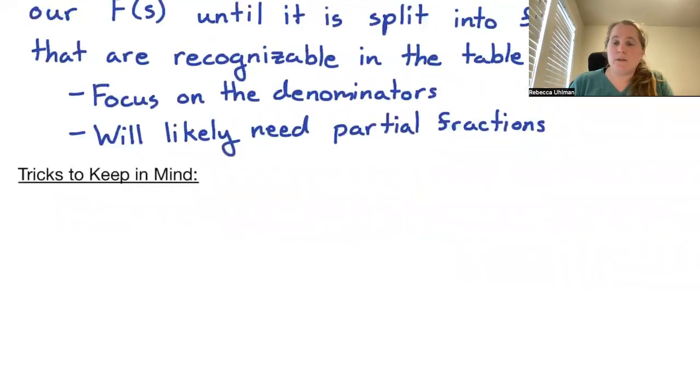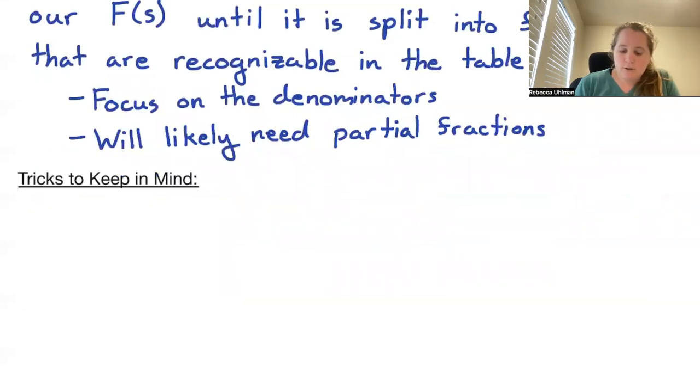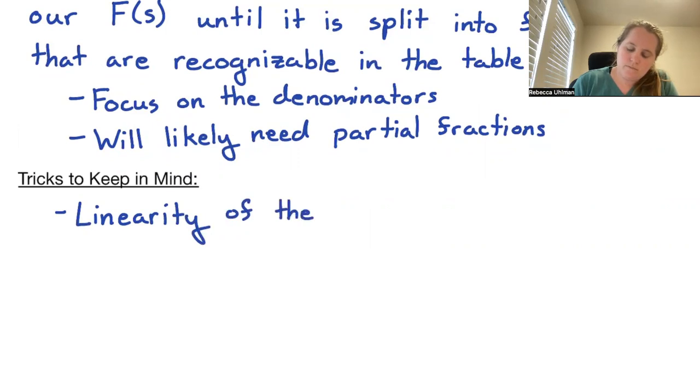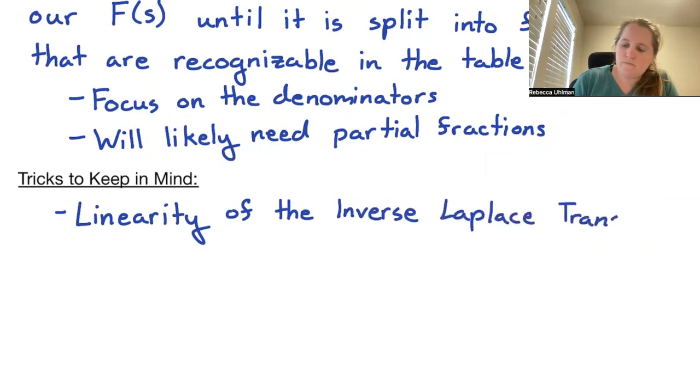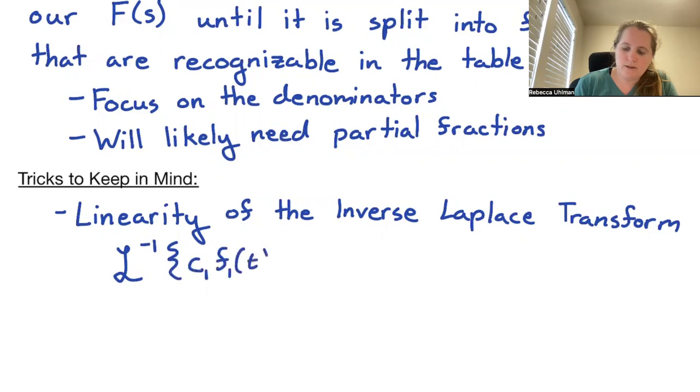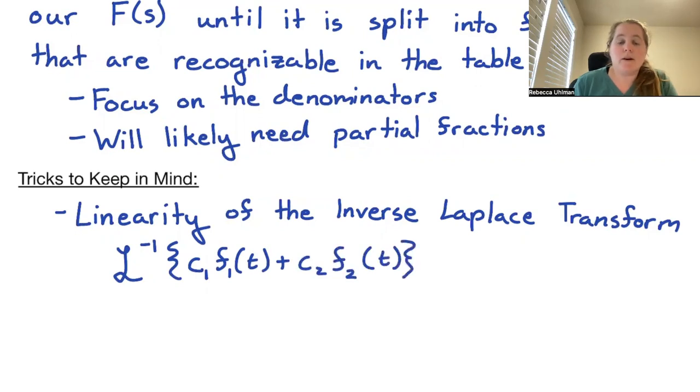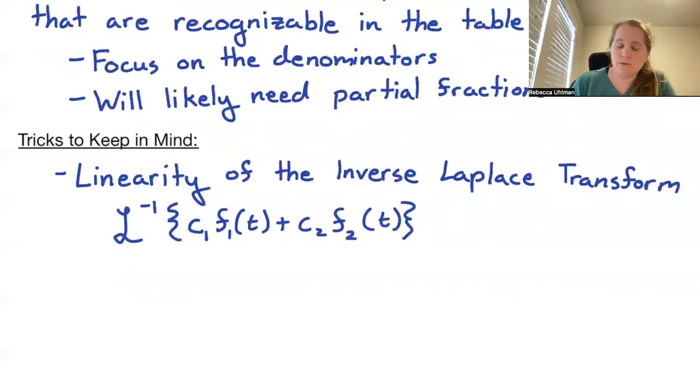So the first trick we're going to use is linearity of the inverse Laplace transform. If we want to take the inverse Laplace transform of C1 times F1 of t plus C2 times F2 of t, we can split across the addition and pull the constants out front.